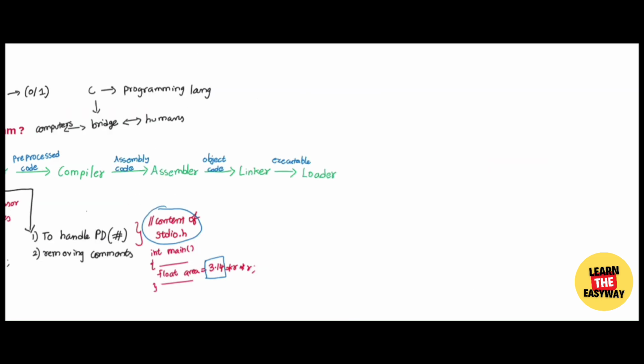And then this preprocessed code is given to the compiler. The job of the compiler is to check for errors and to translate. What does translate mean? Translation means converting a set of instructions from one programming language to another programming language.